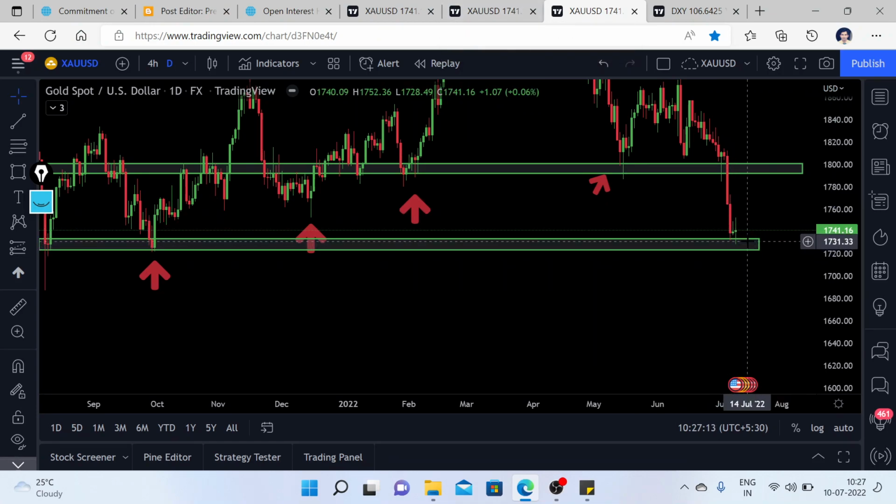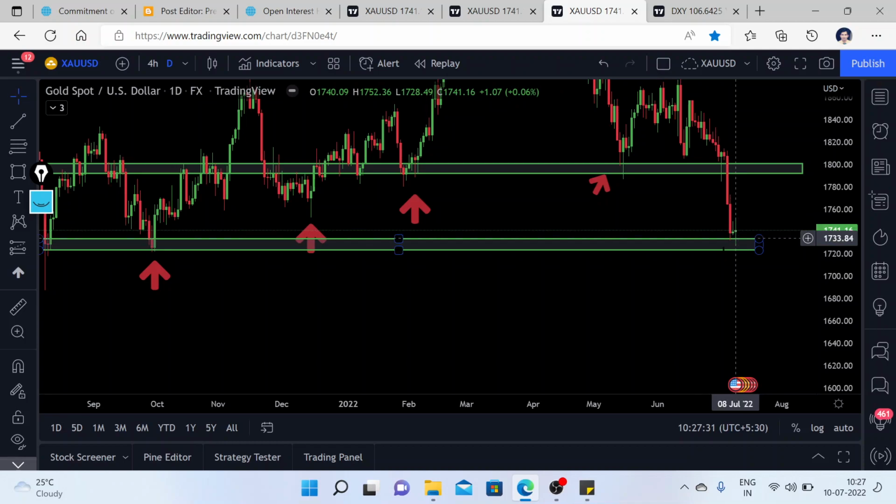In the Friday trading session, during the NFP data, we saw that the gold price rejected from this zone, and during a push toward the higher price level of 1750, it also rejected.